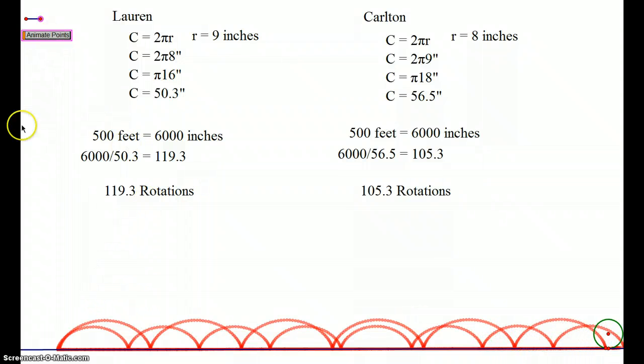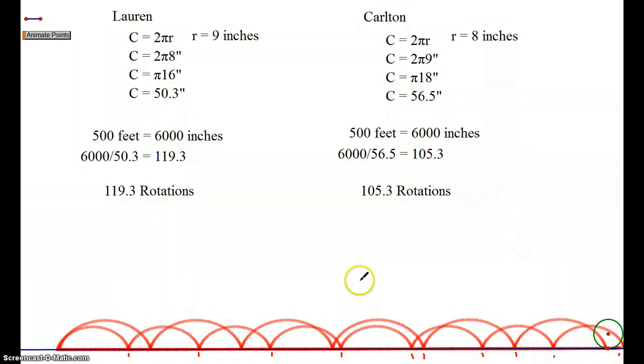So let's count them. We have Carlton as 1, 2, 3, 4, 5, 6. Oh, I switched over to Lauren. Here we go. So 1, 2, 3, 4, 5, 6, 7. So about 8. We'll call it 8.